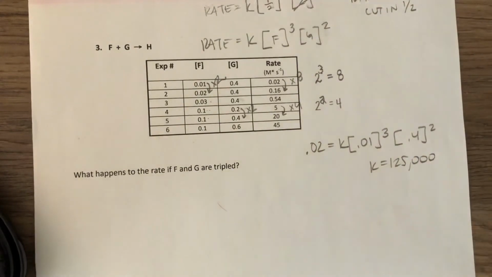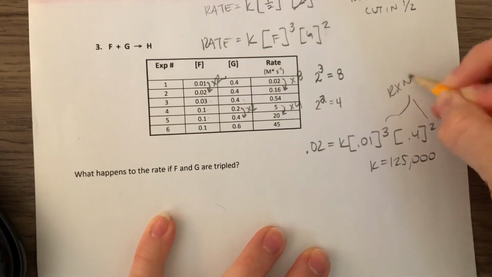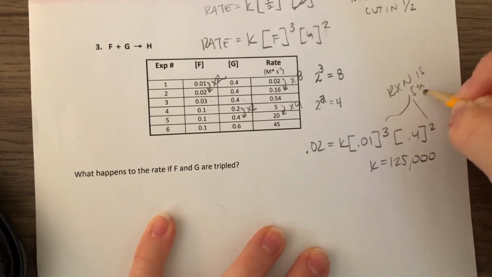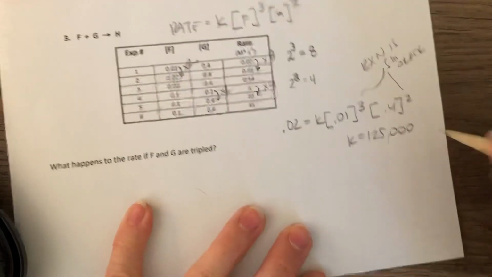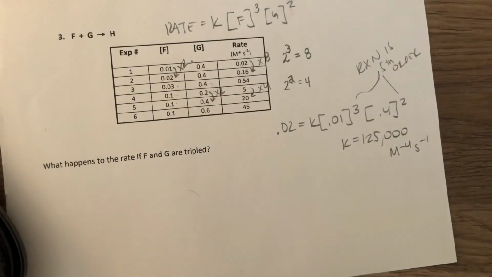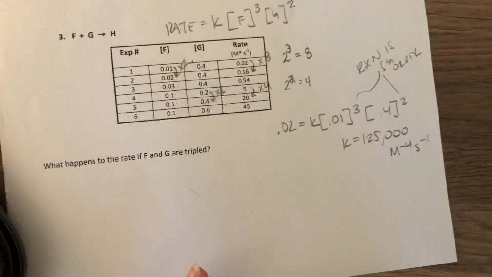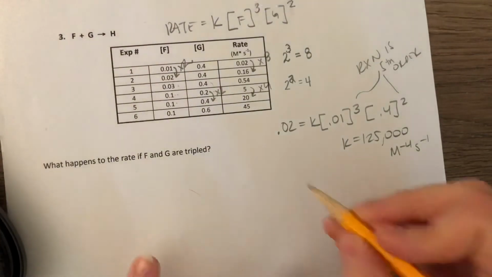Now the units. This is a 5th order reaction overall. So that must tell us the units are molarity to the -4, seconds to the -1, because 5 minus 1 is 4. You could also find that by plugging in the units.